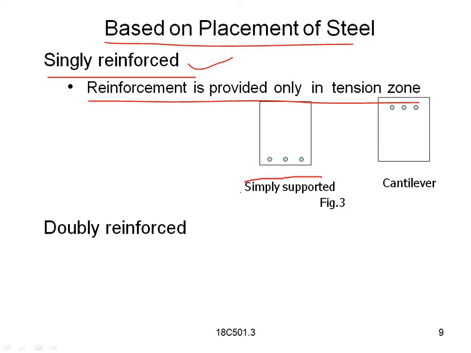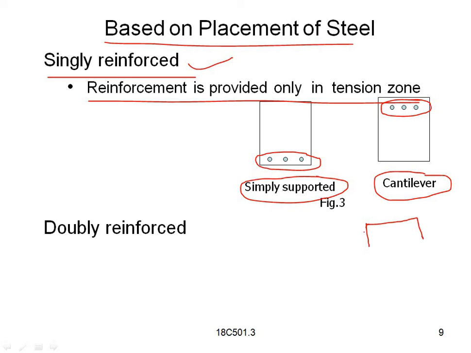So this is a simply supported beam. You can see the bottom bars which are provided, these are in the tension zone, and in the cantilever you can see it will be provided at the top portion. So in a simply supported beam, they keep the bars at the bottom of the beam, which is known as the tensile zone.